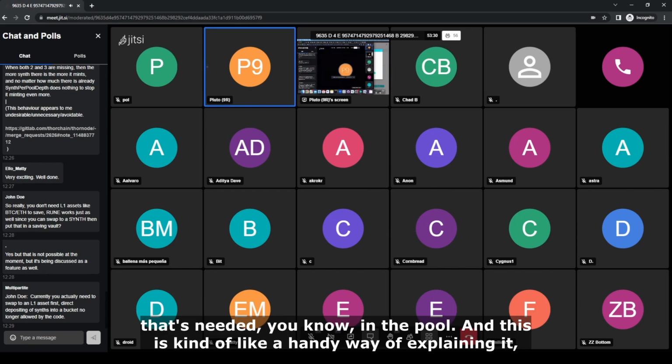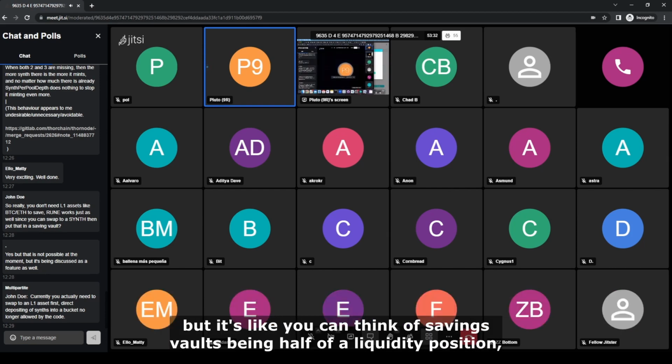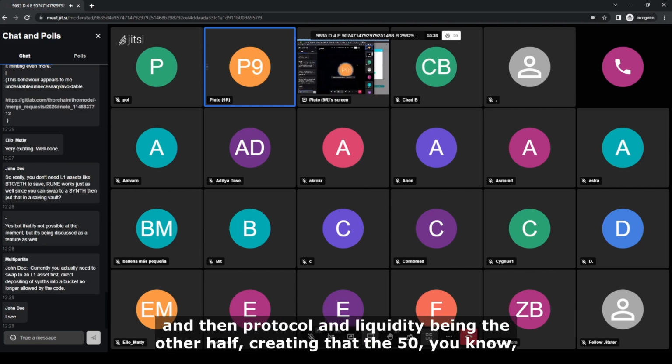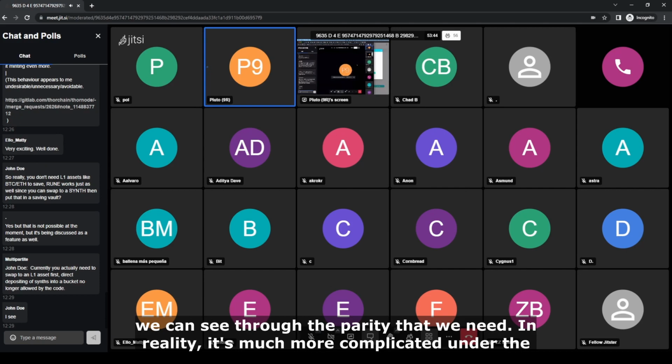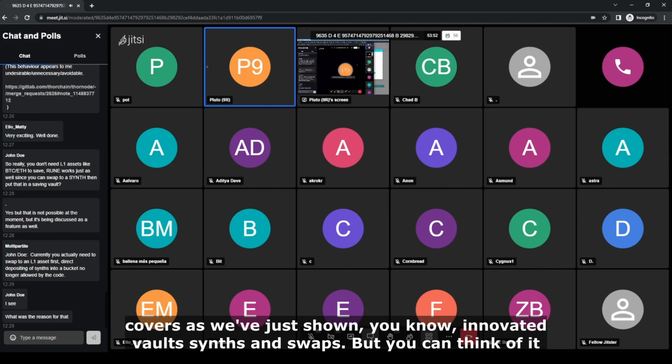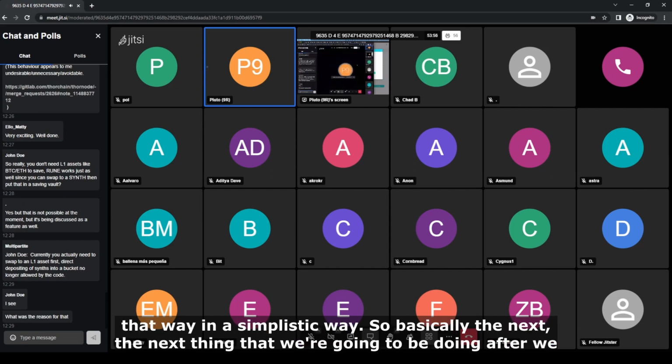This is a hand-wavy way of explaining it, but you can think of savings vaults being half of a liquidity position, and then protocol owned liquidity being the other half, creating that 50-50 Rune BTC, Rune ETH parity that we need. In reality, it's much more complicated under the covers, as we've just shown, and it involves synths and swaps, but you can think of it that way in a simplistic way.